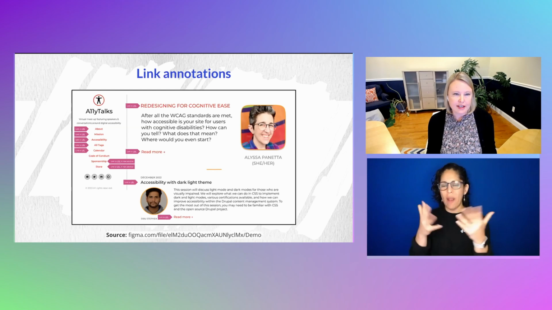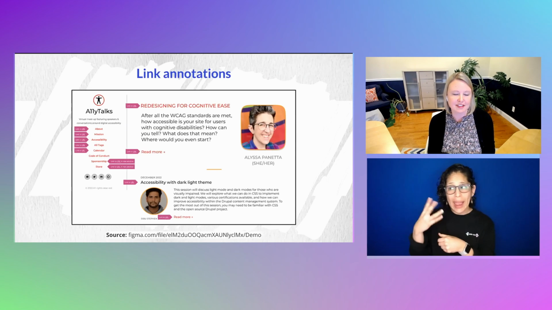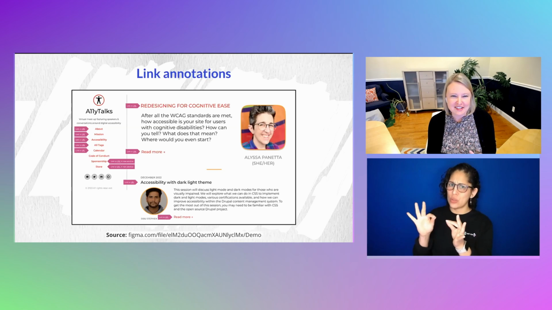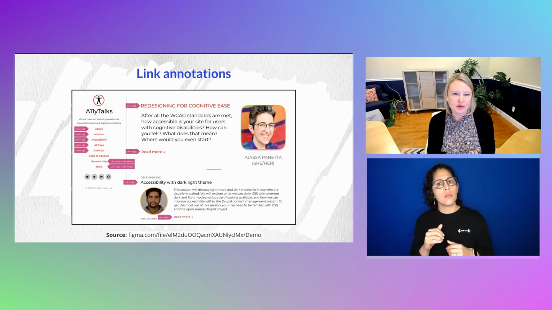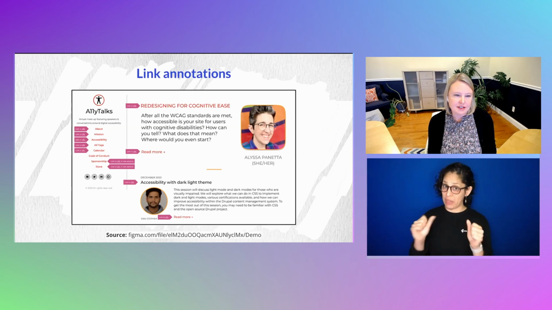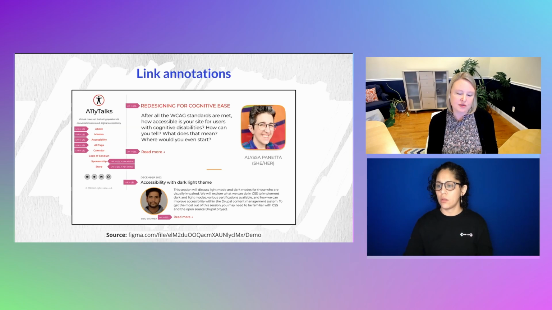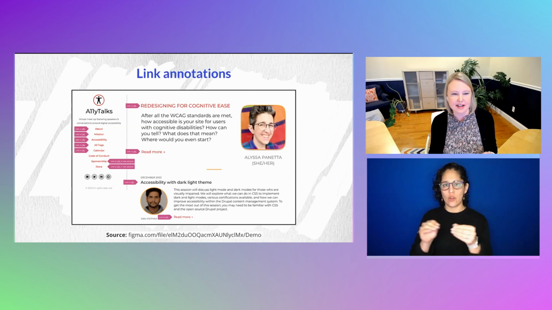But here for the link annotations, we could tell people whether the link is internal or external, because that matters to people. Link to the location. You could also include things like the accessible name. I'm hesitant sometimes on design annotations saying, hey, use ARIA label, or hey, use this particular coding technique.